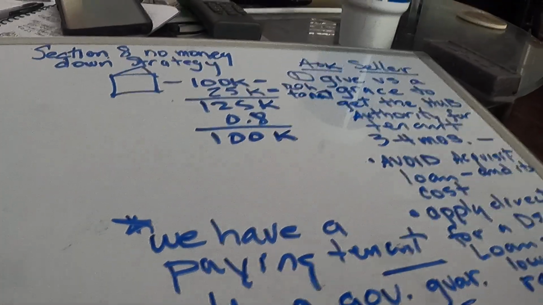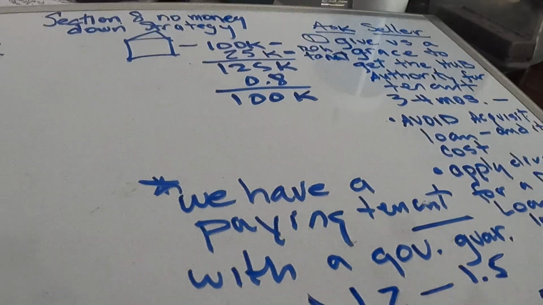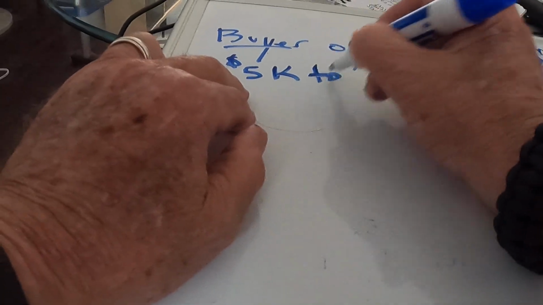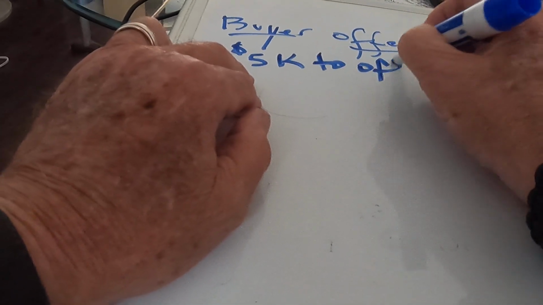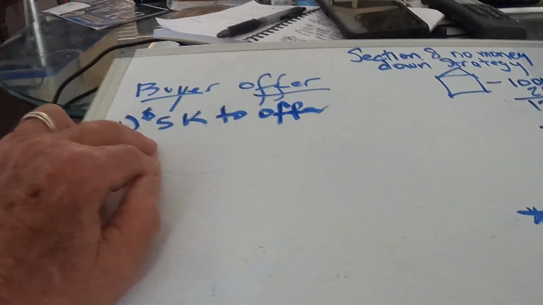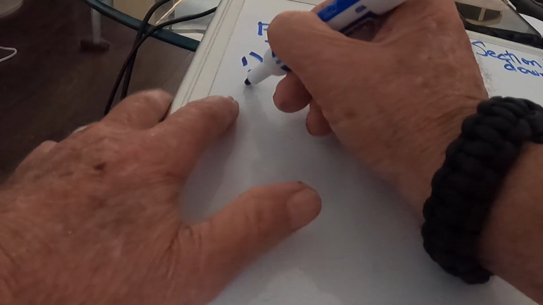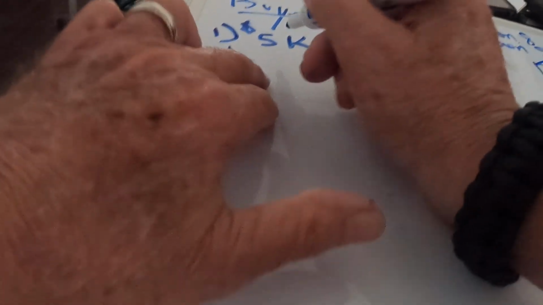So we may want to see if we could do something like this, where we basically add $5,000. So one, maybe we add $5,000 to offer, which pays for all of this and in our grace period, and then we increase the value by another $20,000.